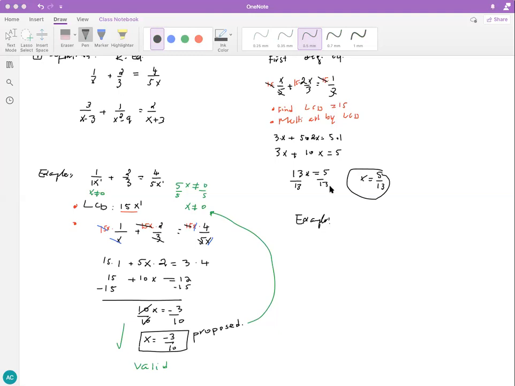Basically, it's 2x over 2... Right, so 2x minus 3 plus, or minus actually, x plus 3 here.